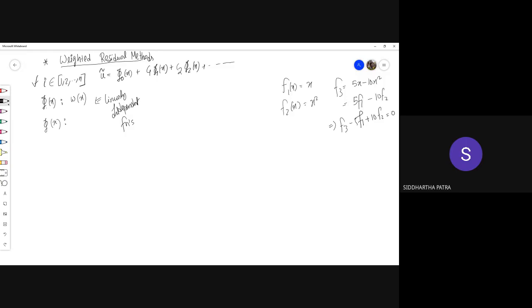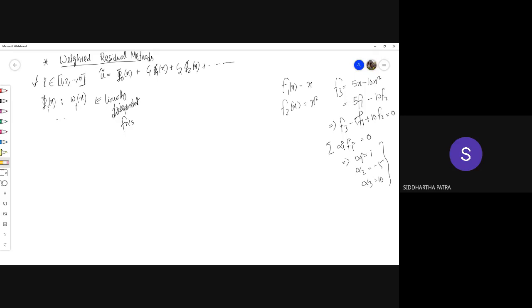If I write it as the sum of alpha i fi equals 0, that implies alpha 1 is 1, alpha 2 is minus 5, and alpha 3 is 10. This is a non-trivial set, meaning none of the alpha i's are 0. In such a situation, this doesn't form a linearly independent set, but we need linearly independent sets.